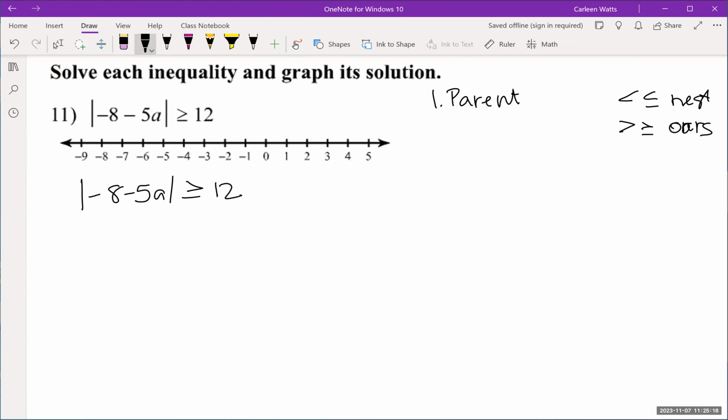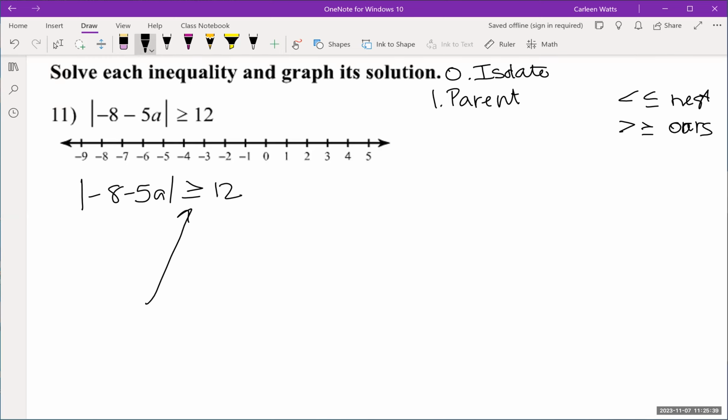Okay, so the parent graph, what is this going to look like? A nest or oars? Step 0, isolate your absolute value. There's nothing to move, right?